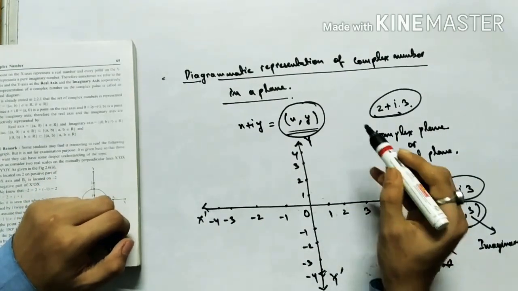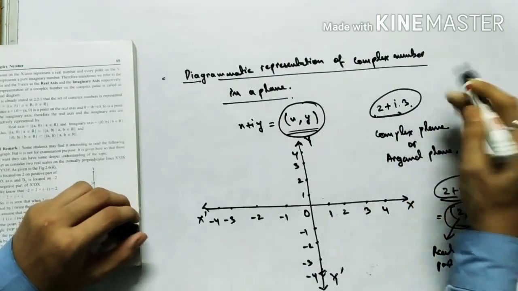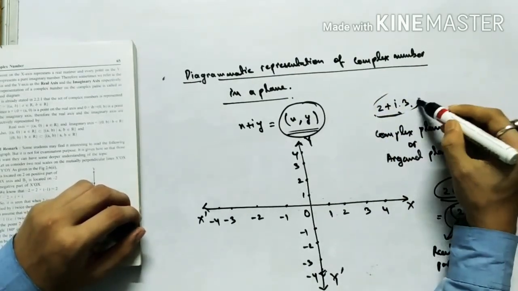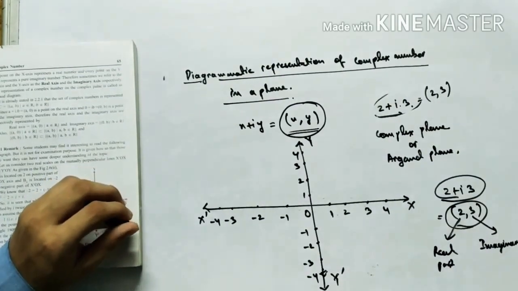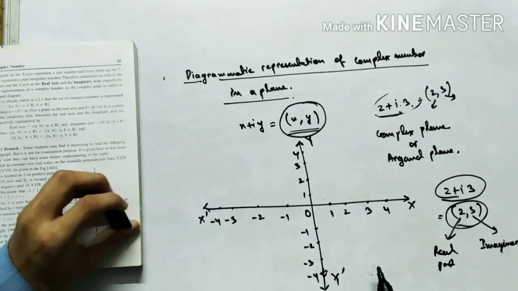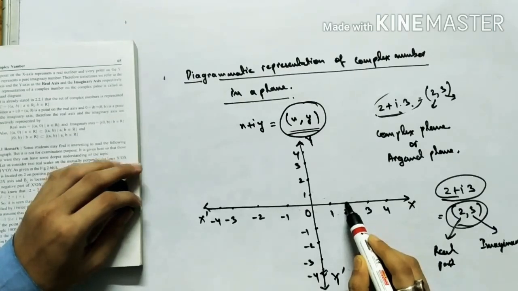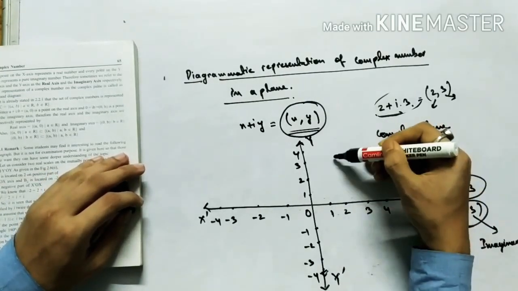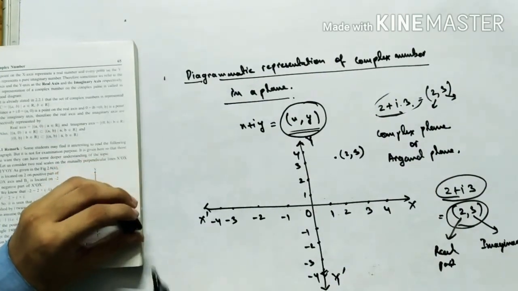Now if I take a complex number, this one 2 plus i3, I can write this complex number as an ordered pair 2, 3, where 2 is the real part and 3 is the imaginary part. So this is our 2, and then for the imaginary part I will have to go 3. So this will be our point 2, 3.